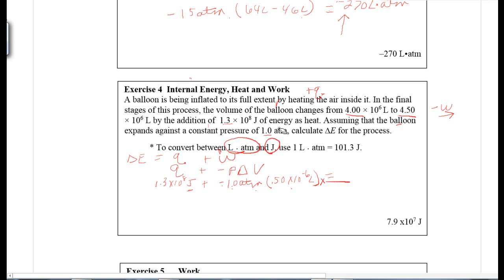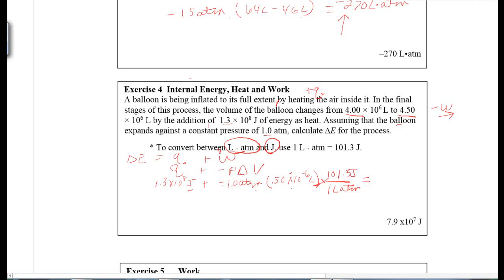Let me erase what I have right here. What I know, based on what they told me above, is 1 liter atmosphere is 101.3 joules.